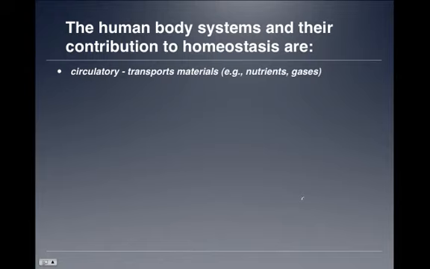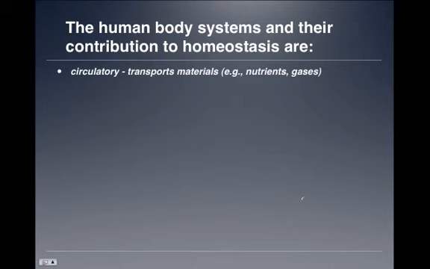So our first organ system is the circulatory system, and this is a very important system for transporting materials, especially transporting gases such as oxygen and carbon dioxide, but also transporting nutrients and water.